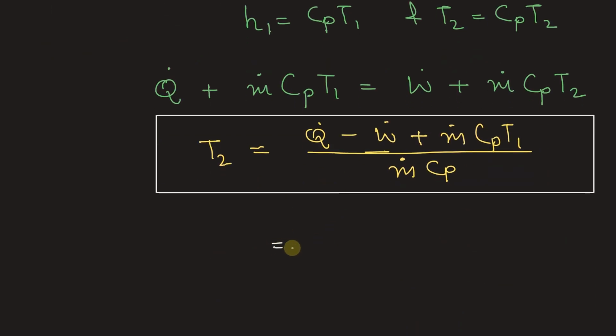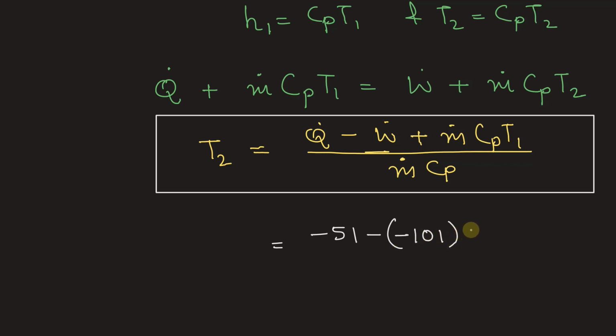We will get Q dot, which is already given in the question, and it will be minus 51 kilowatt. Here heat is lost, that's why the negative sign represents that heat is lost. The work flow rate is also given, because of the heater, it's negative 101 kilowatt because work is done on the system.